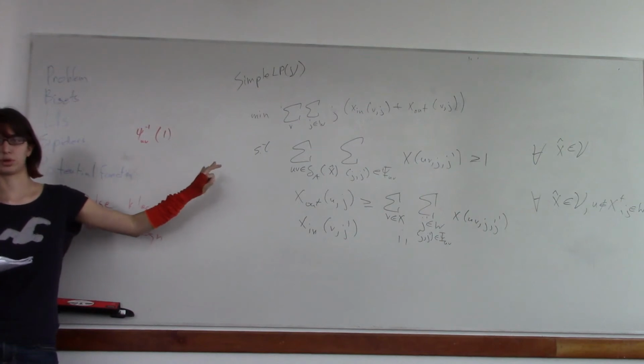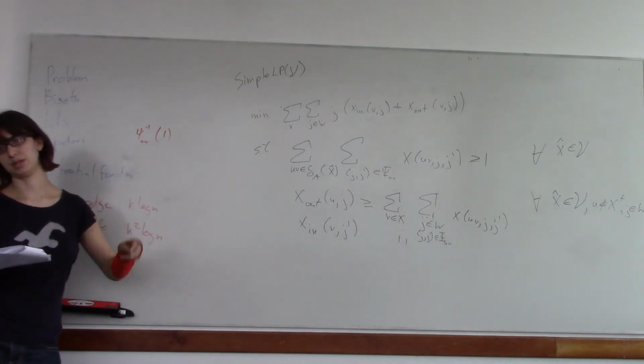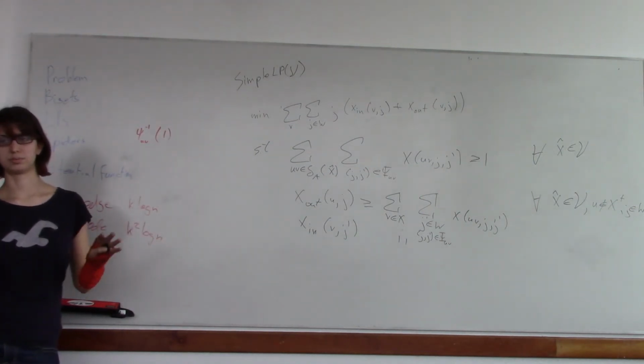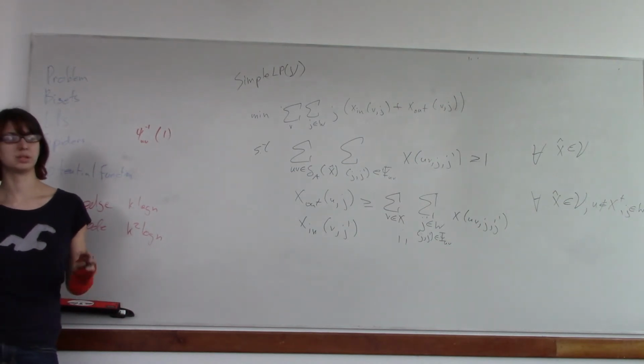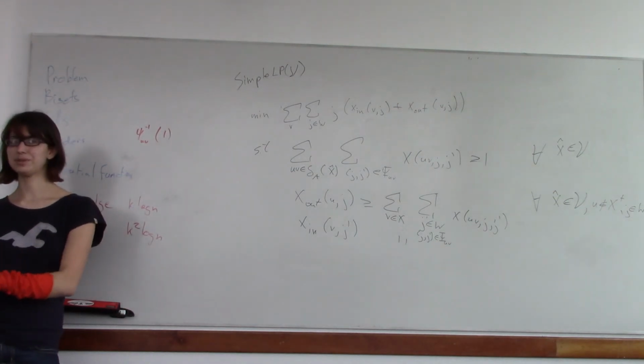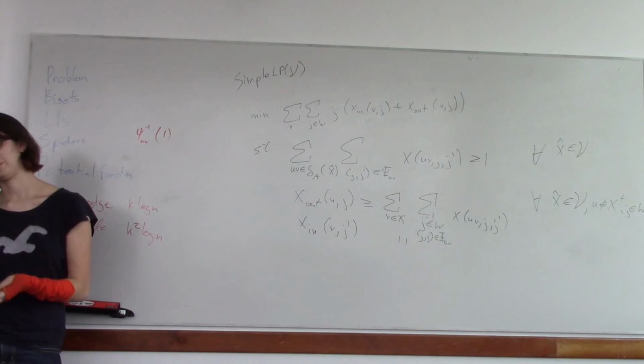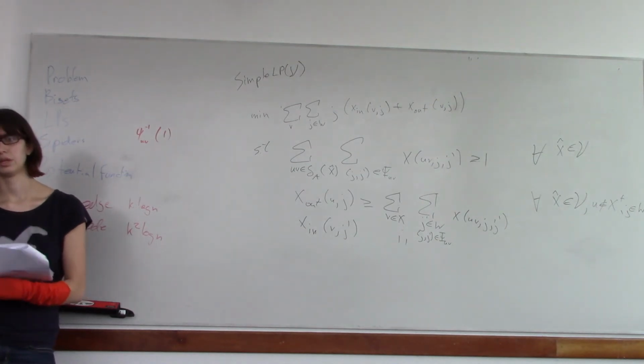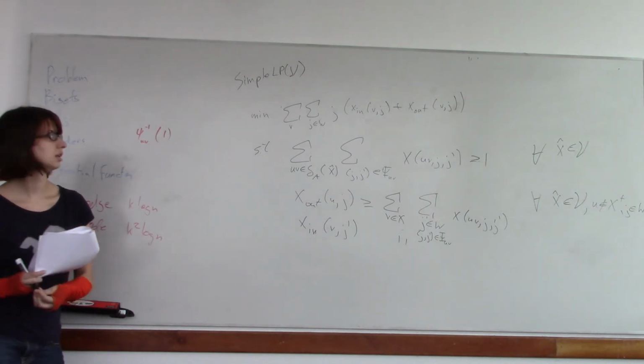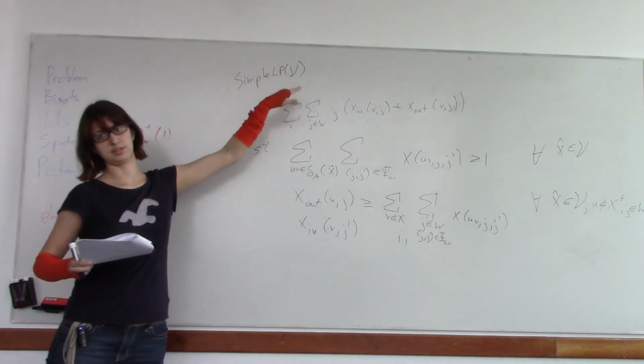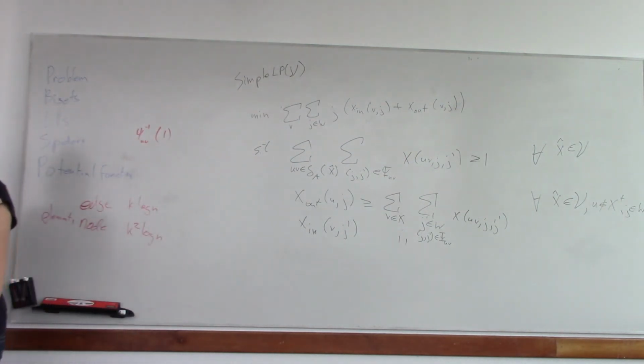And the family that we're going to use here, we're going to update at multiple steps. So we'll do a primal dual, but we'll be changing the dual, but then we're also going to be changing the LP that we work with. And as long as this family has nice properties and is a subset of the original family, then this turns out to all work out nicely.